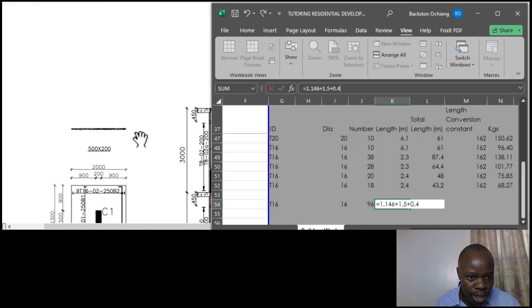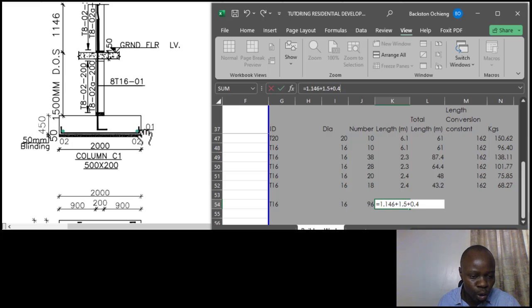So in this case, I can advise that you use a bend length of about 400 millimeters. So you can add another 0.4. Unless it's provided, you can always assume some reasonable length for the bend.